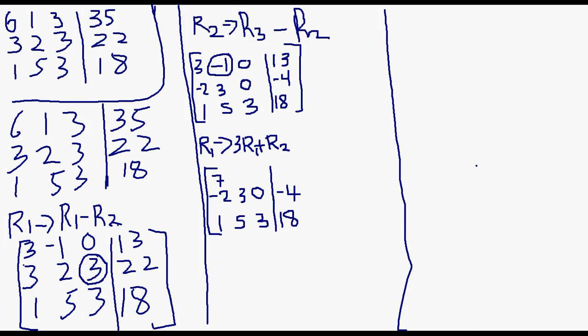Then 3 times row 1 here is +3, and -3 plus 3 is giving us 0. 3 times 0 plus 0 is giving us 0. 3 times 13 is 39. 39 plus -4 is 35.